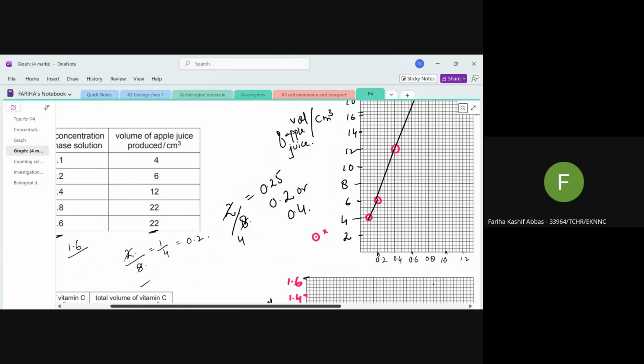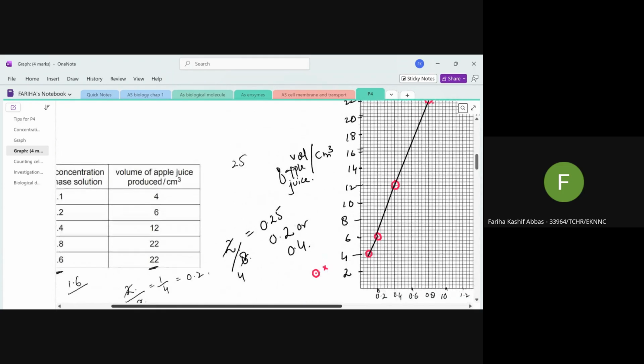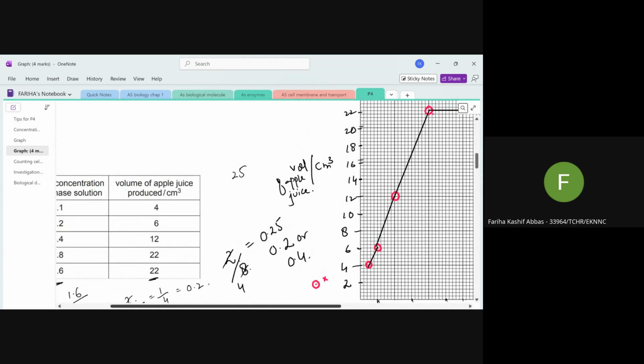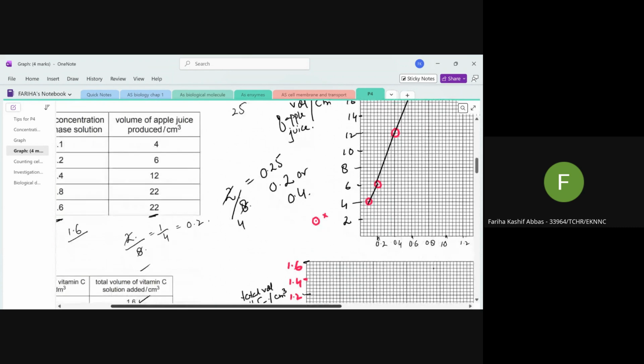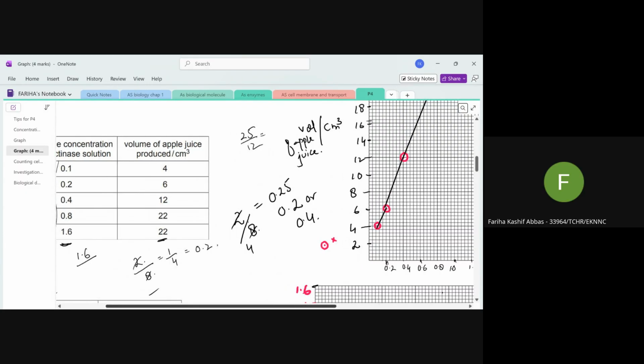So we can take 22 or we can round it off to 25 and then divide it by 1, 2, 3, 4, 5, 6. 6 times 2 is 12. Divide 25 by 12. So by that we can find out the value, or the difference, that we need to plot.